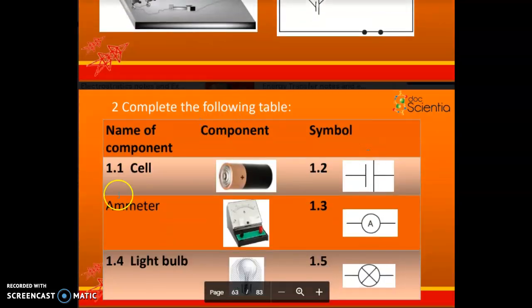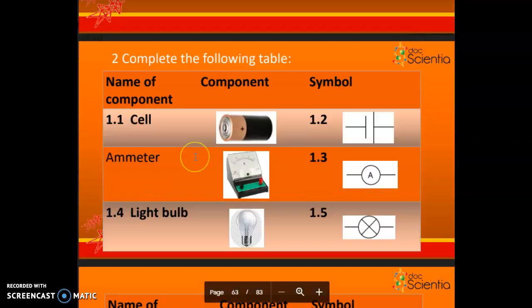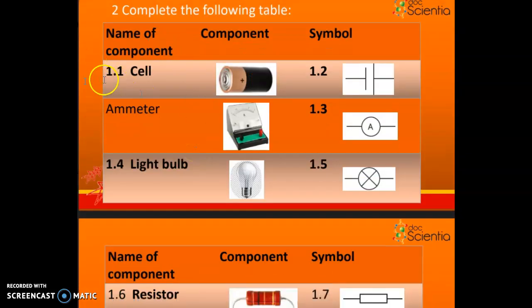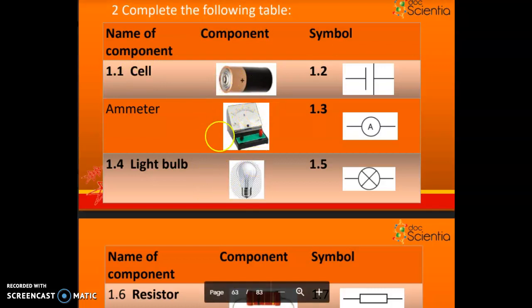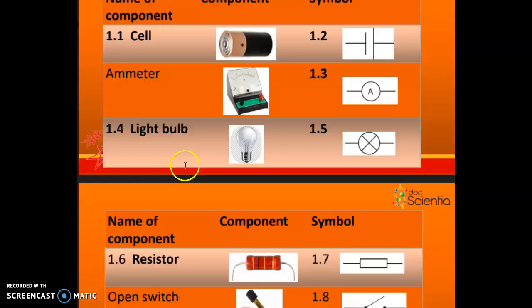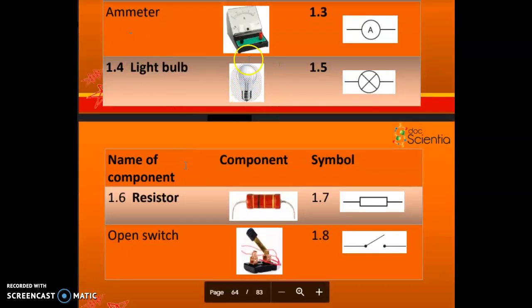Okay. Number 2, complete the following table. This is a cell. The component, this one. The symbol, there. So for this, it will be best if you have a pen and paper ready. Ammeter. And the symbol for that is this little circle with an A. 1.4, light bulb.